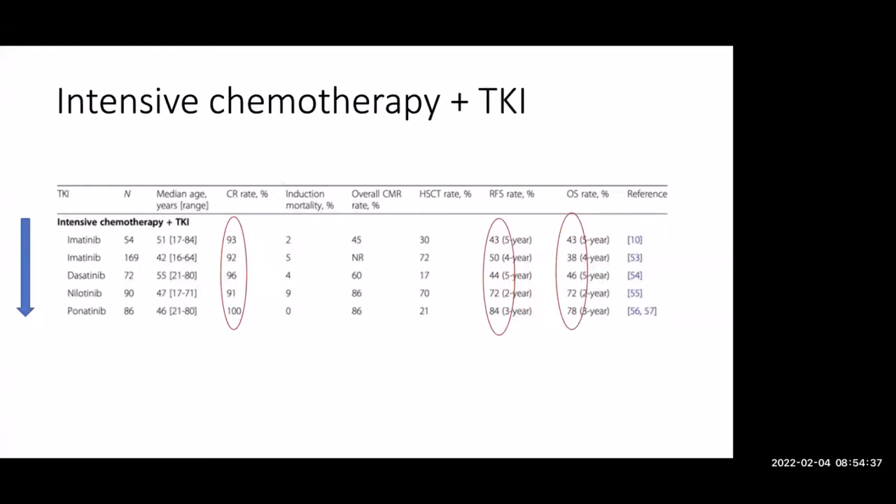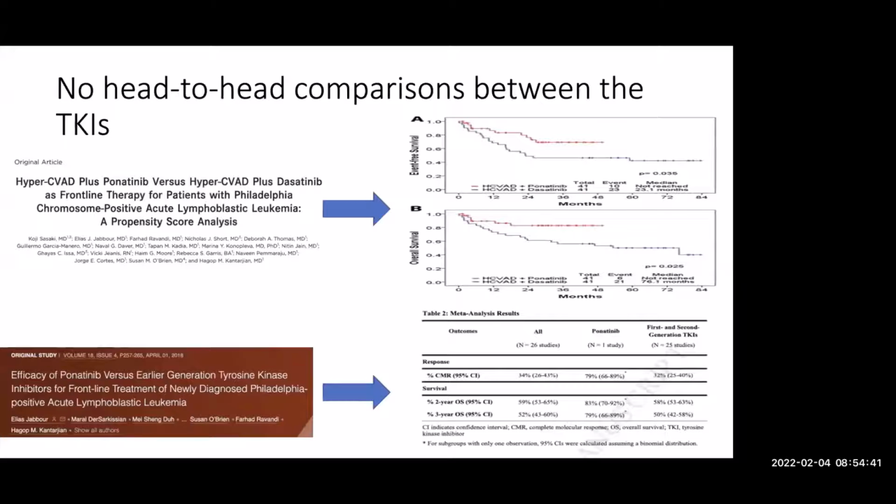Does that mean that the second and third generation TKI is superior to the first generation TKI? No head-to-head comparisons have been done between the TKIs to establish the same.